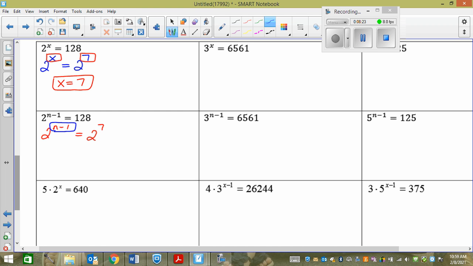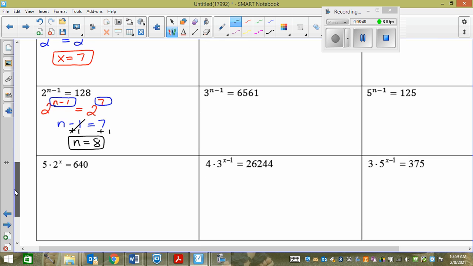N minus 1 equals 7. The catch is I want to know what n equals, not what n minus 1 equals. So I have to do one more step. I have to add that one over. So n actually equals 8. Follow me?